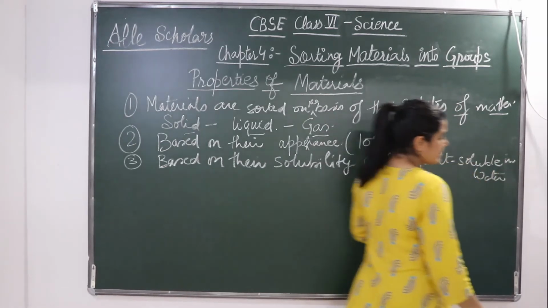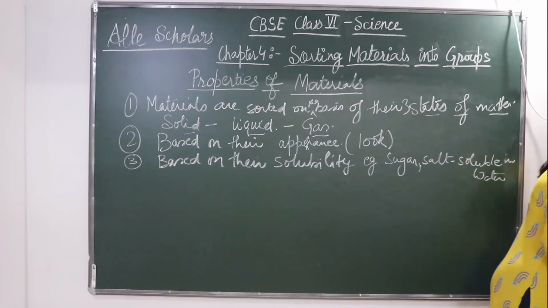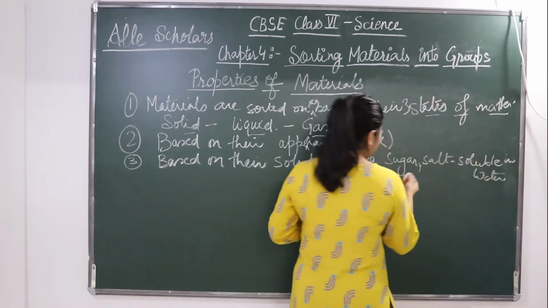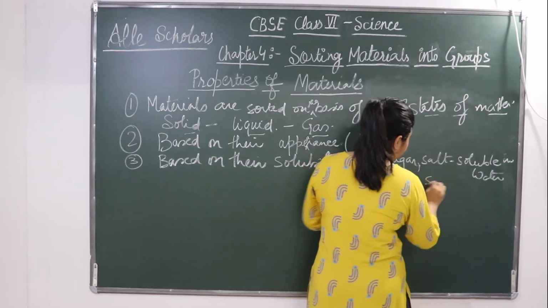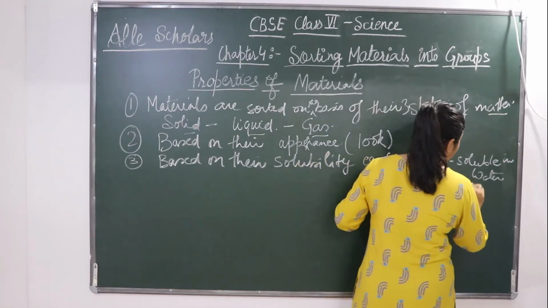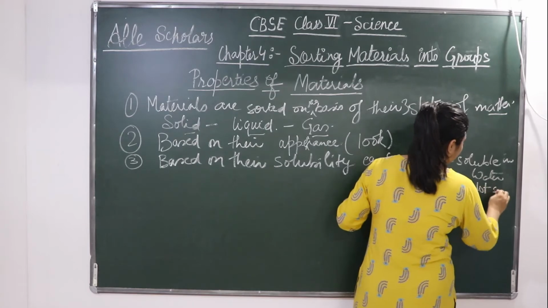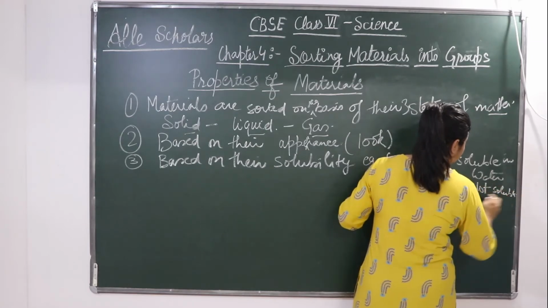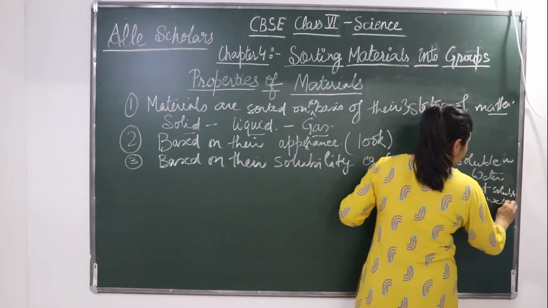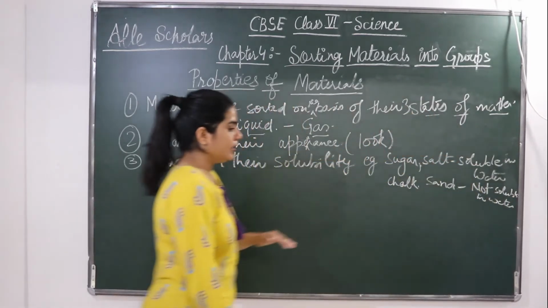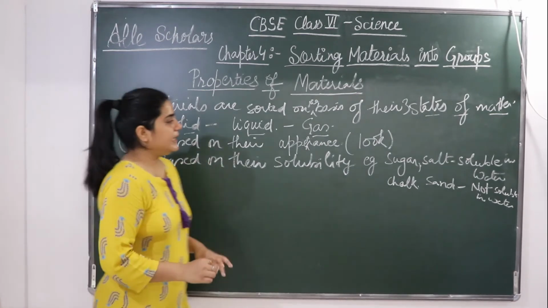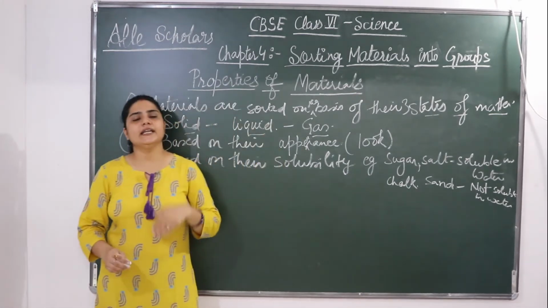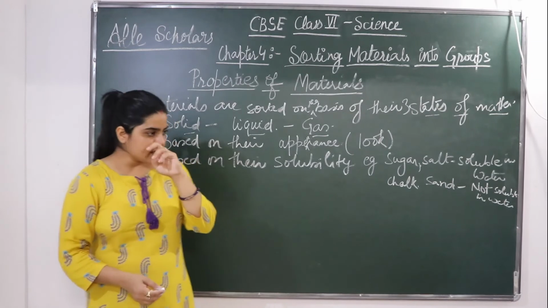Next, if you take sand or chalk, they are not soluble in water. So the third category is on the basis of their solubility. That solubility can be in water or in any other liquid we can see.